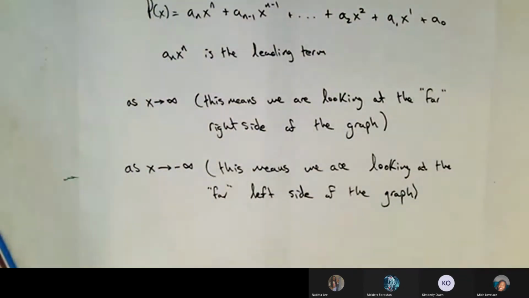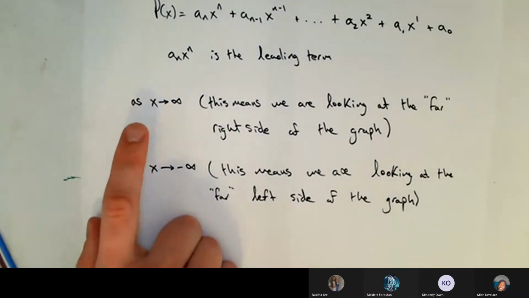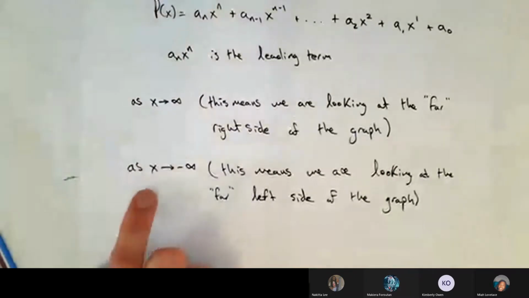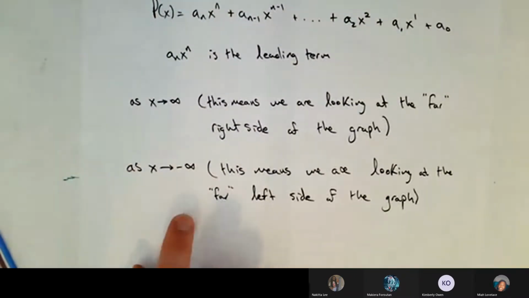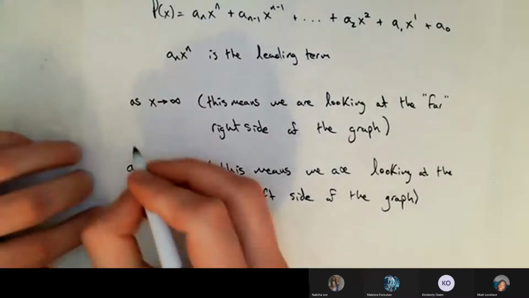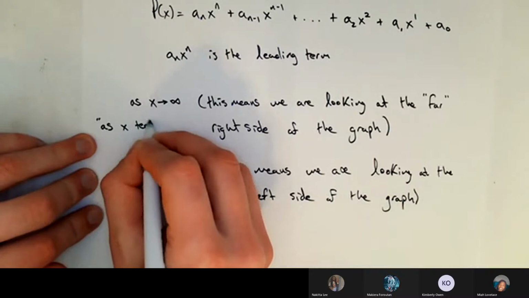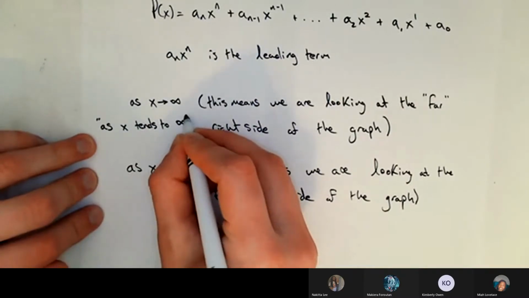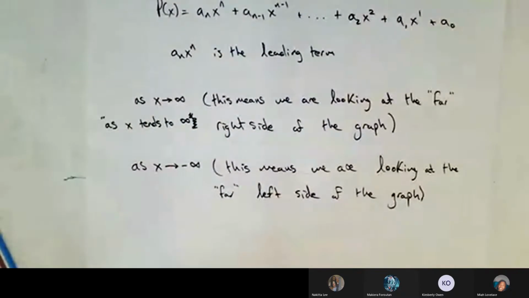So that's how we read that. As x tends to infinity and as x tends to negative infinity. So this is, in quotes, as x tends to infinity.